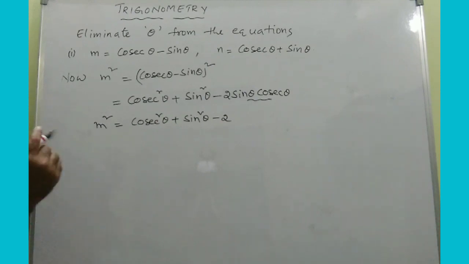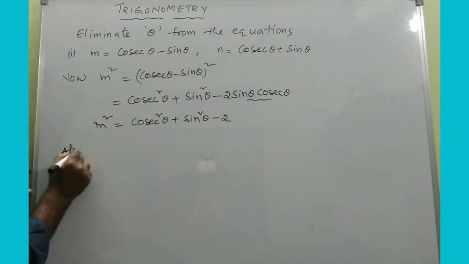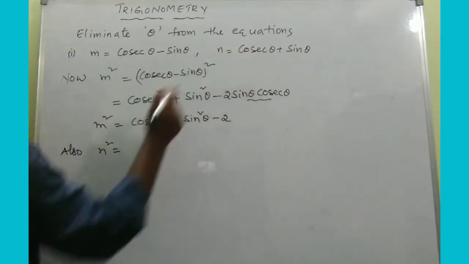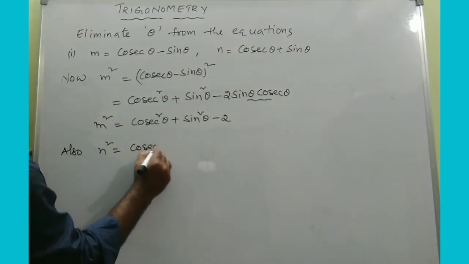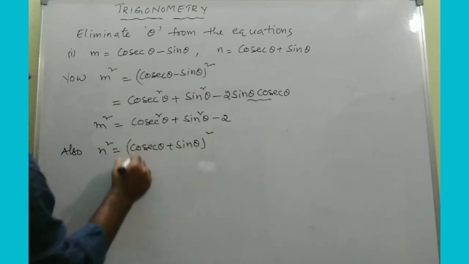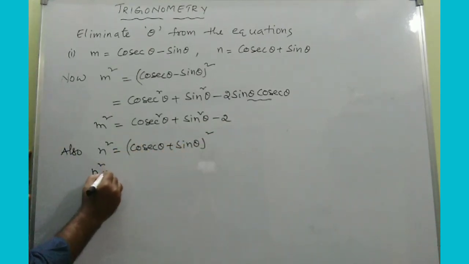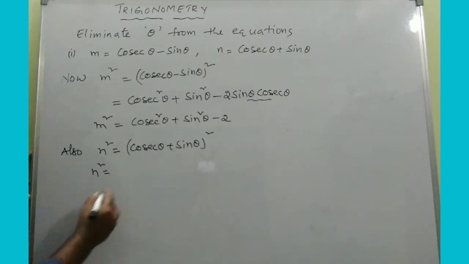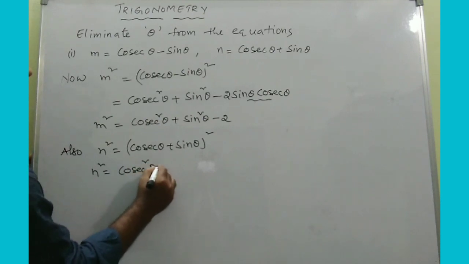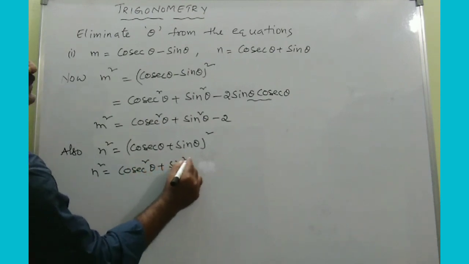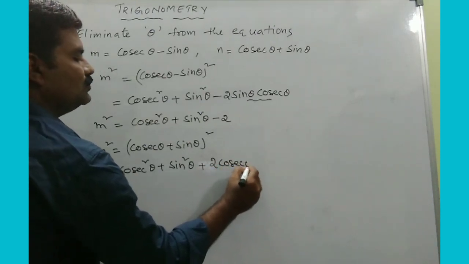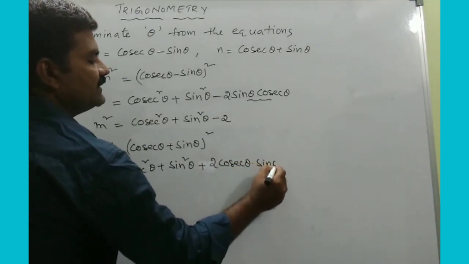Okay, fine. Also you better go for n square, I mean cosecant theta plus sin theta whole square. So this time it is in the form of a plus b whole square. So a square plus b square plus 2ab, 2 cosecant theta into sin theta.